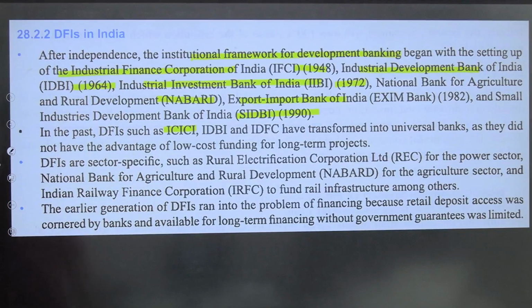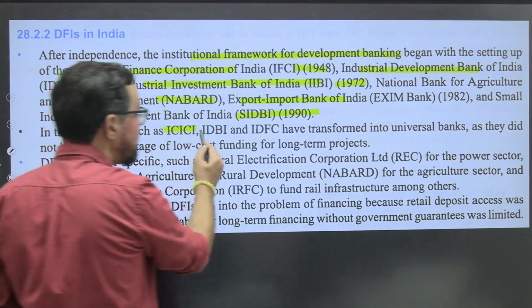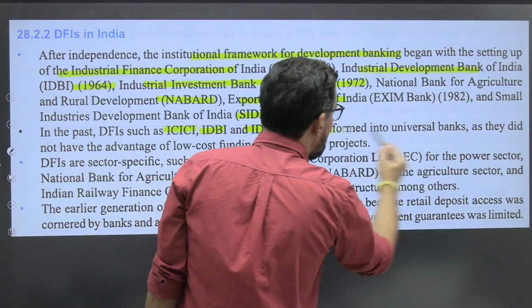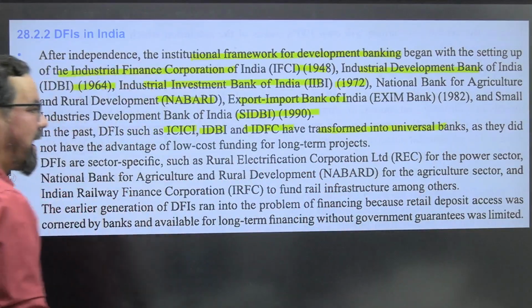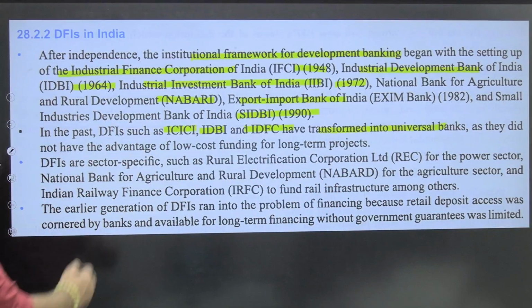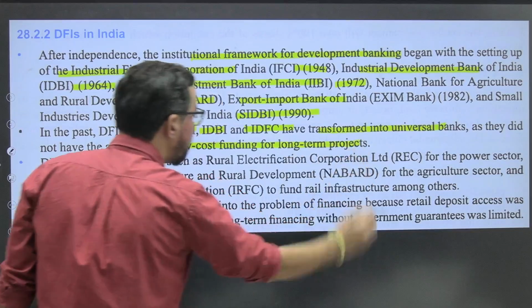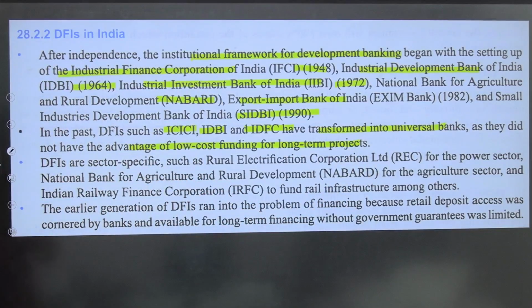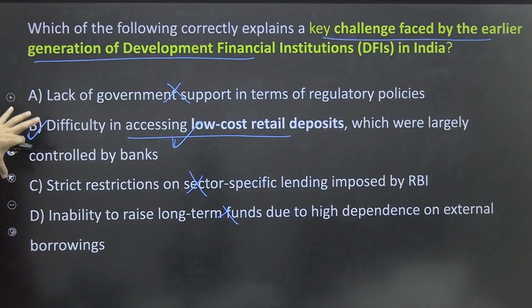So in the past, DFIs such as ICICI, IDBI, IDFC transformed into universal banks, as they did not have the advantages of low-cost funding for long-term projects. DFIs are sector specific, such as Rural Electrification Corporation, REC, NABARD for agriculture and allied areas, then the others also, Exim and SIDBI and all. Okay? So now we will go through this particular question again.